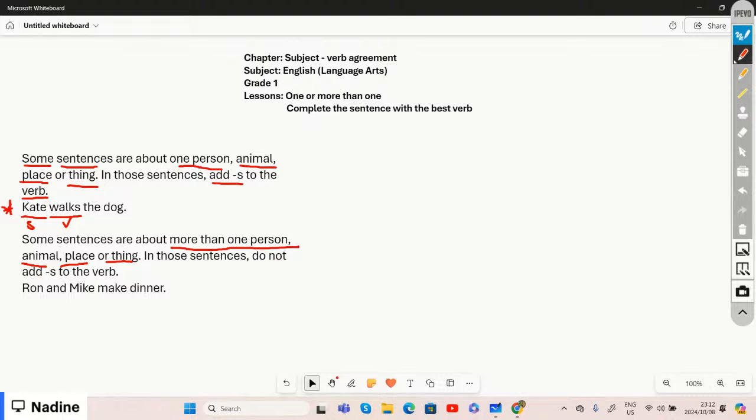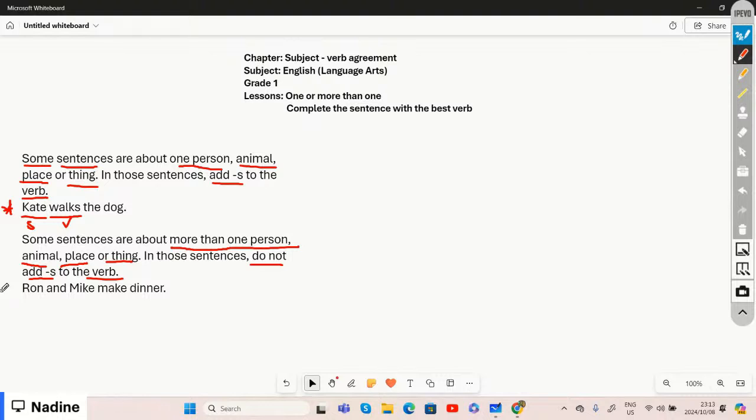And within those sentences, we do not add an S to our verb, which means that our verb is just going to be straight without an S. So we're just adding the verb but without the S.